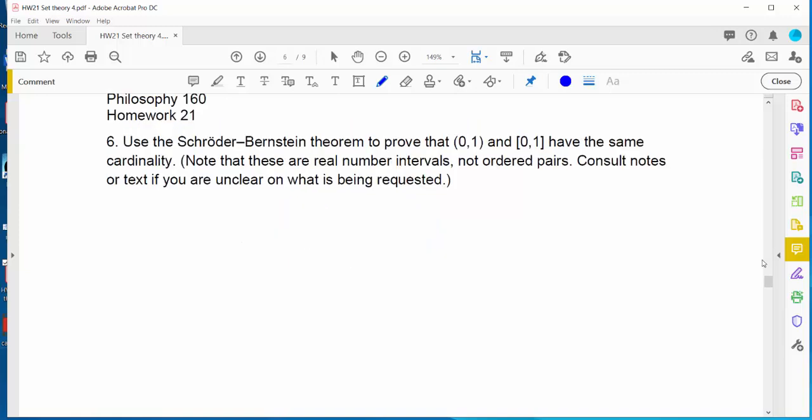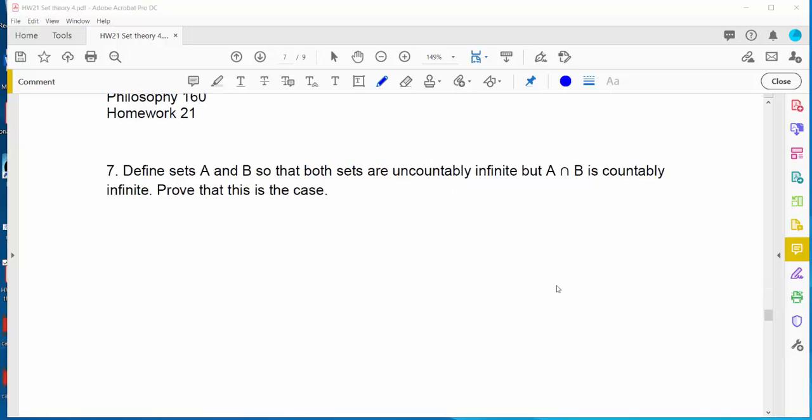Okay, number 6 is about the Schroeder-Bernstein theorem, and you'll want to go back to the lecture or the book or both to make sure you understand what the Schroeder-Bernstein theorem says, but it's really a power tool.